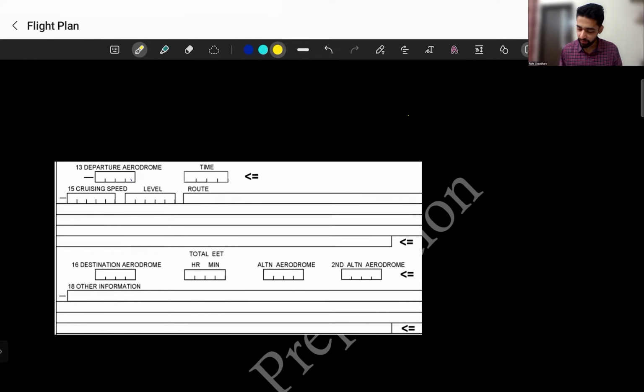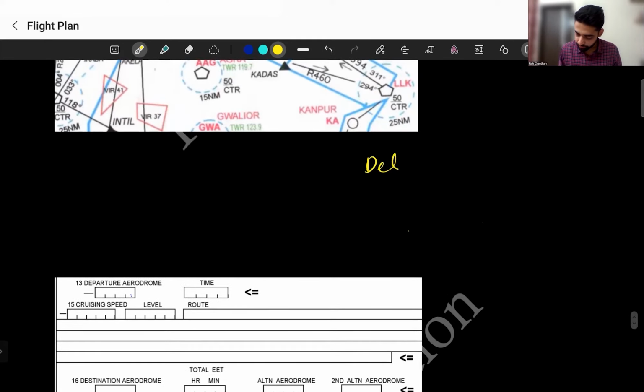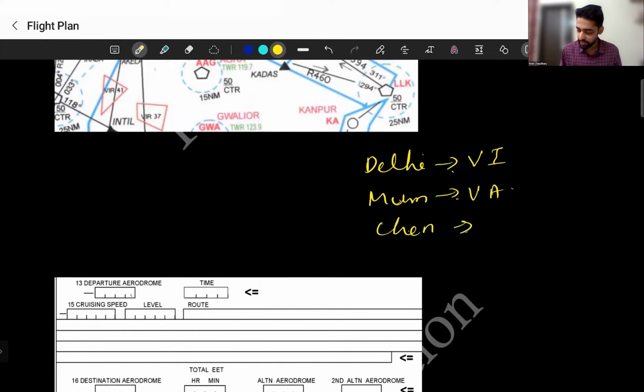If it is Delhi FIR, then we will have the initials Victor India. If it is Mumbai FIR, then we will have the initials Victor Alpha, for Chennai FIR, Victor Oscar, and for Kolkata FIR, Victor Echo.